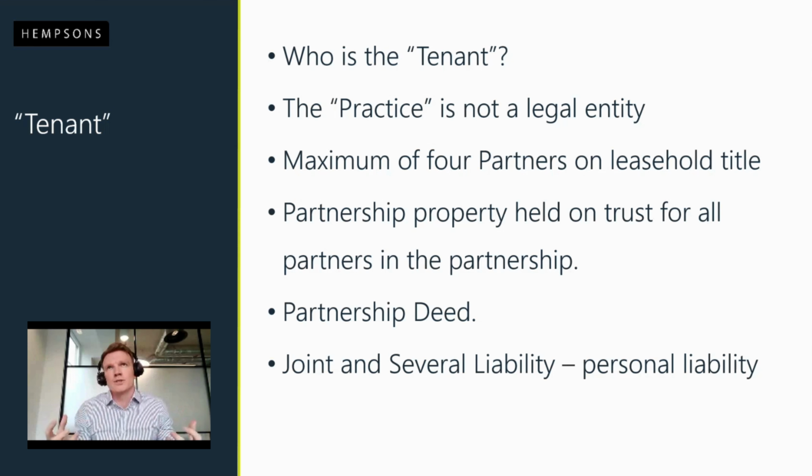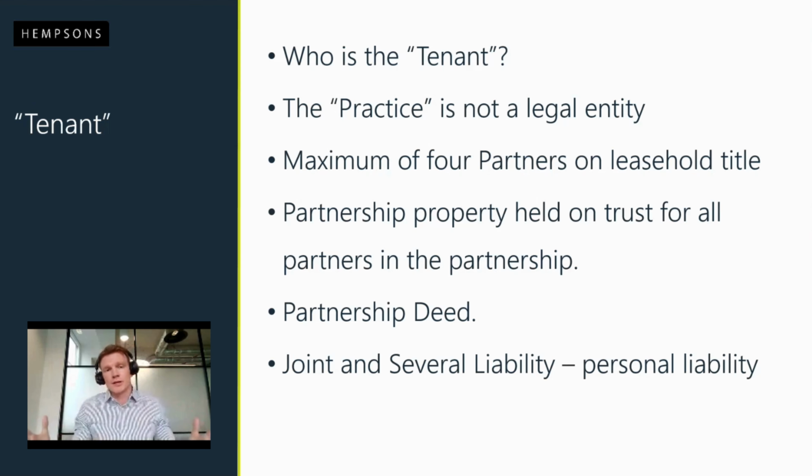The point is the landlord has a good deal of flexibility in a dispute scenario, choosing which of the partners to go after effectively. And you can imagine if the partners have very different financial circumstances, then the landlord may well make a commercial decision about who it is that's worth pursuing.